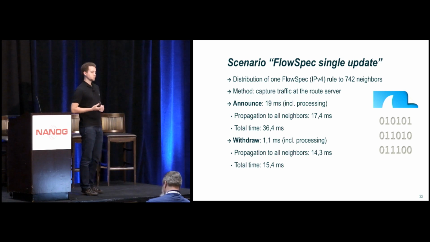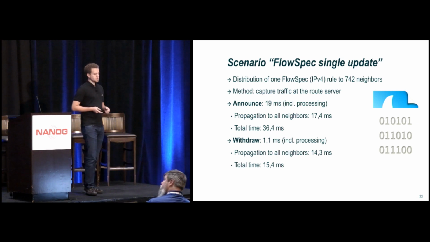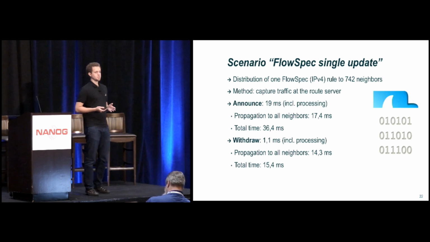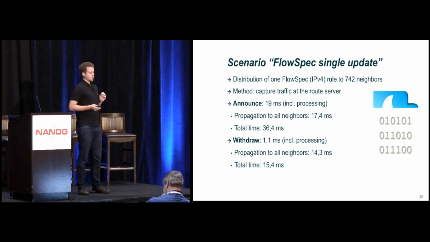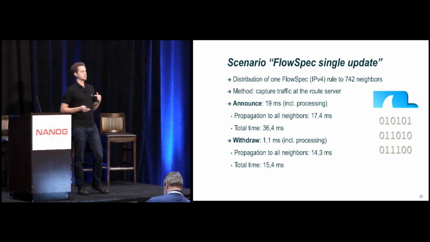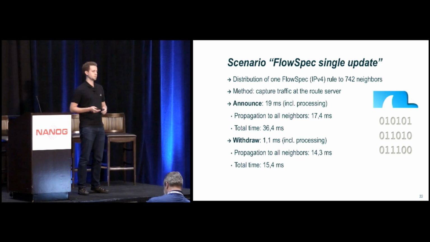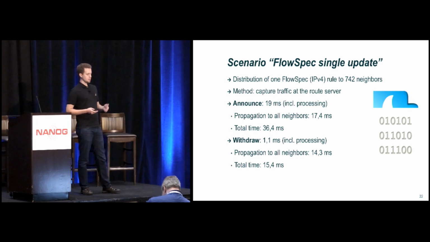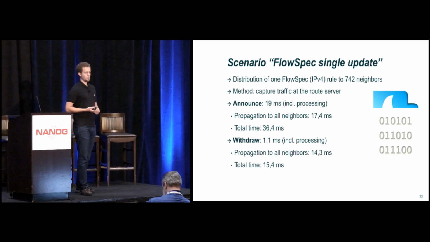We're distributing a Flowspec rule to all of the 740 simulated neighbors, and the initial announce takes 19 milliseconds. This is the neighbor who announces the route sending the packet. The route server is processing the packet until it sends the first update to one of its peers. And then it takes another 17.4 milliseconds to reach all the other peers. So in total, all peers got the update after 36.4 milliseconds.